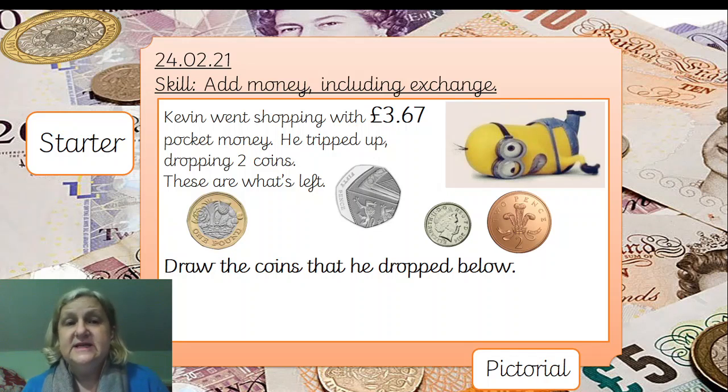If you say those amounts and then think of the first amount that he had, you should be able to draw just 2 coins that will be the difference between the coins and the number that he went with to start. So have a little think about that and write down the 2 coins.